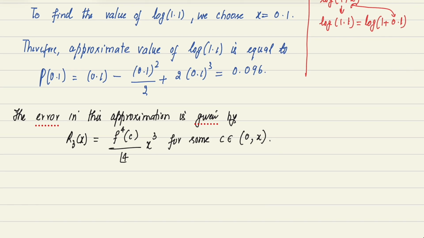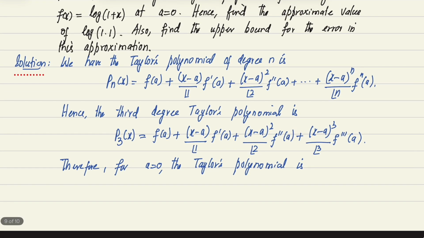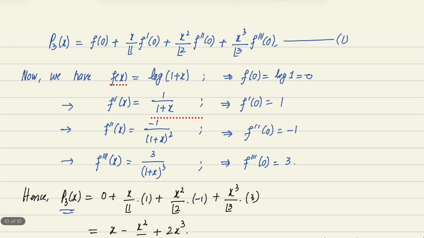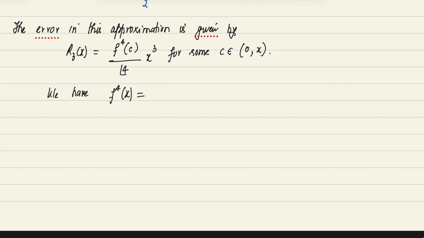Now we evaluate the fourth derivative f4 of x. Now as we already have the third derivative given as 3 divided by 1 plus x cube, the fourth derivative will be minus 12 divided by 1 plus x power 4.